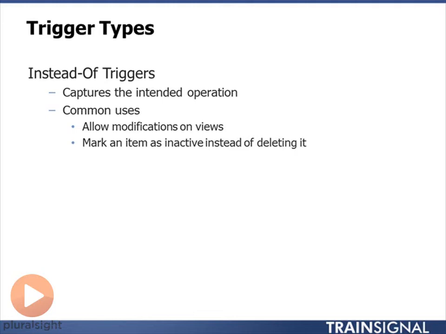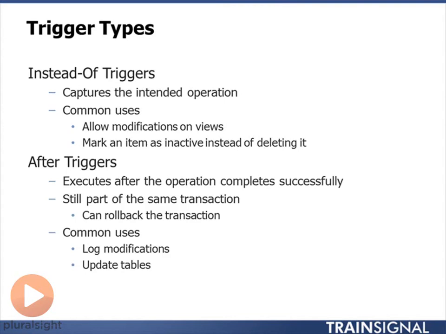And this can be very useful for situations where we need to do reporting, and we need to be able to roll back and see prior values. And so by simply marking an item as deleted or as archived and not actually deleting it, it gives us access to the data, but still allows for a delete statement to be executed.